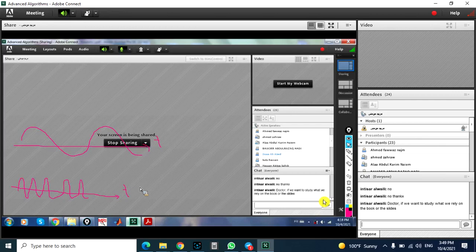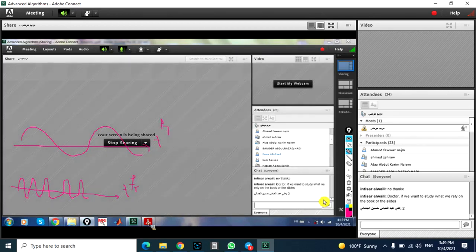The frequency of the lower signal is F2. Which of them is higher? F2. Please type whether the frequency of the above signal is lower. Thanks. Ms. Ali Abdul Abbas Hussain correctly said that it is the second. Yes, it is correct.